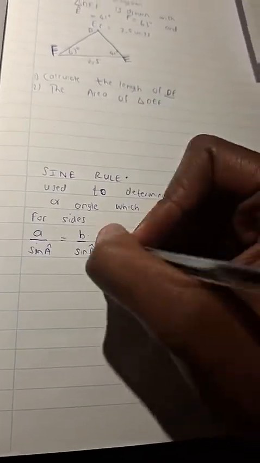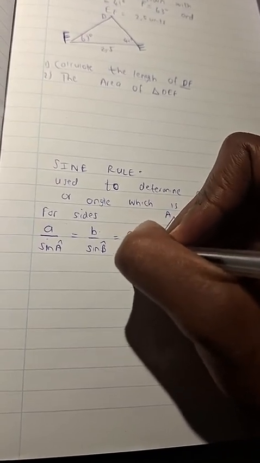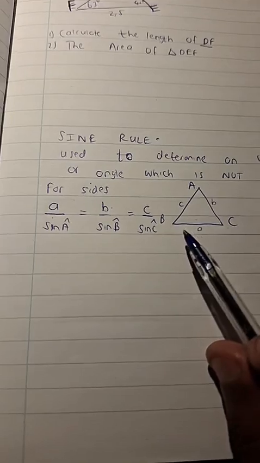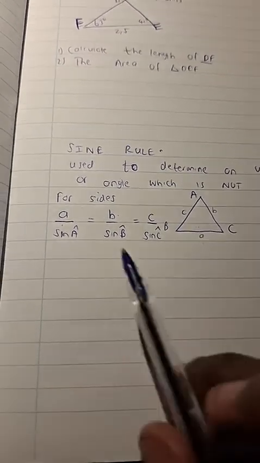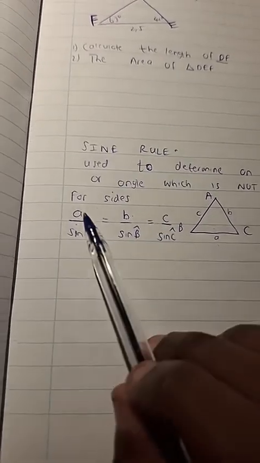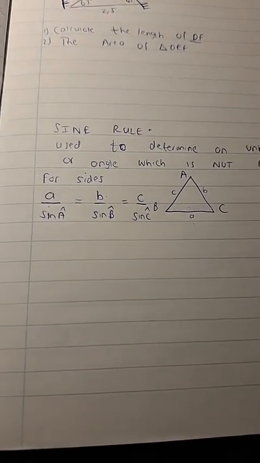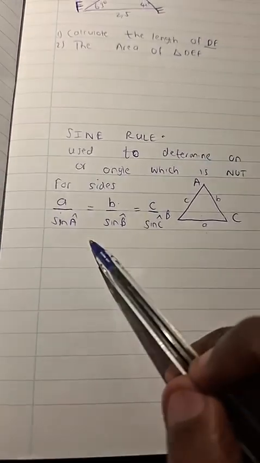We say side a over the sine of angle A is equal to side b over the sine of angle B, which is opposite that side, equal to side small letter c over the sine of angle C. All right. So this is a formula that we can utilize in order to solve for an unknown side. Okay. This is the sine rule.